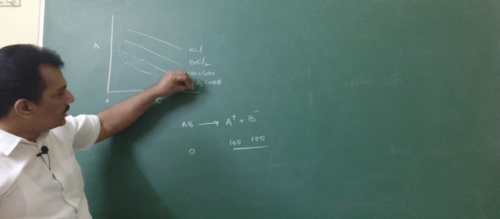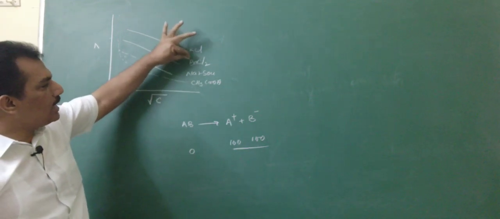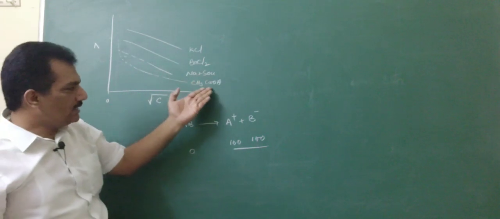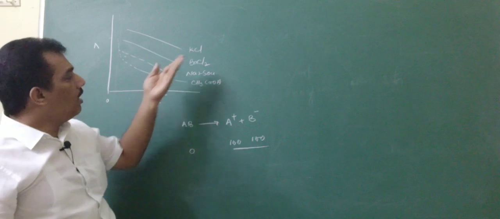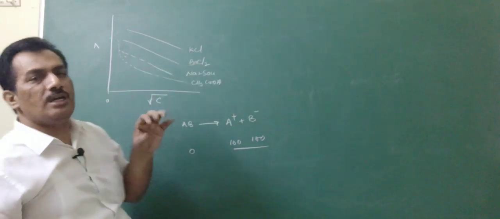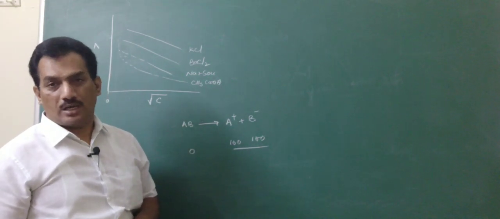If we observe these graphs, we can say that irrespective of the chemical nature of these electrolytes, whether it is an acid, a base or a salt, the conductance depends purely on the type of electrolyte, whether it is a strong or weak electrolyte.